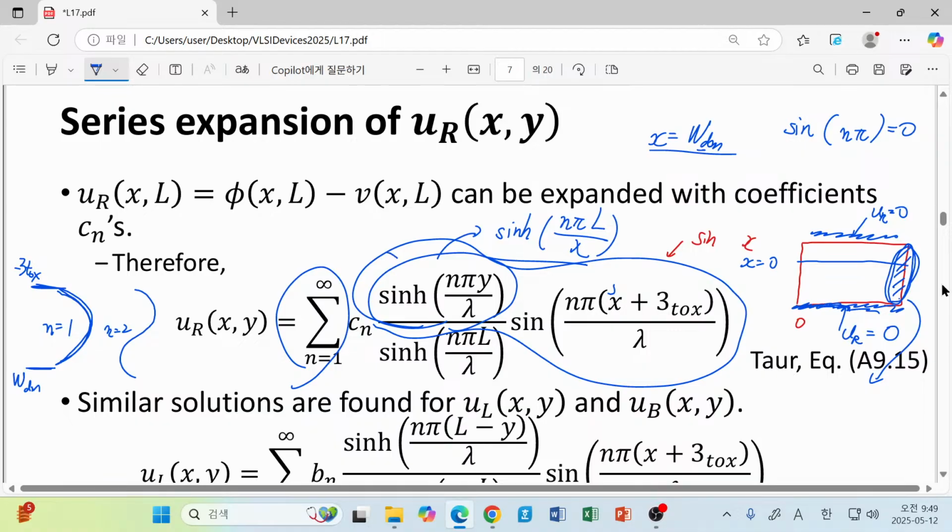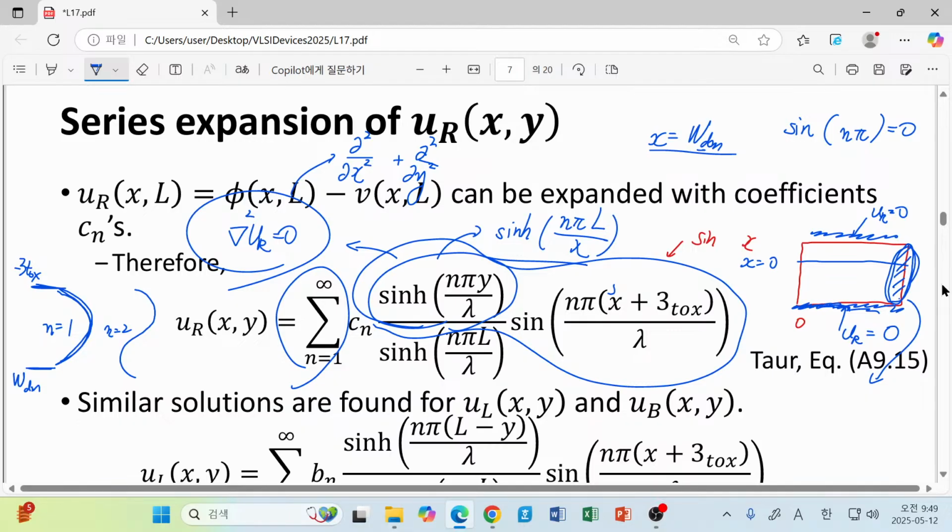However, please note that actually this function should be a solution of the Laplace equation. How can we verify this is the solution of the Laplace equation? In order to match this Laplace equation, we must take the second partial derivatives with respect to x and with respect to y.